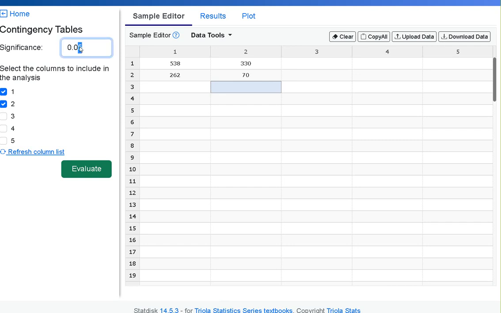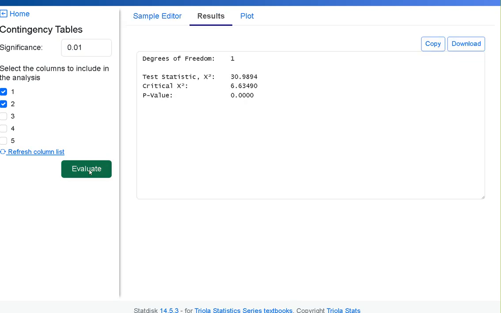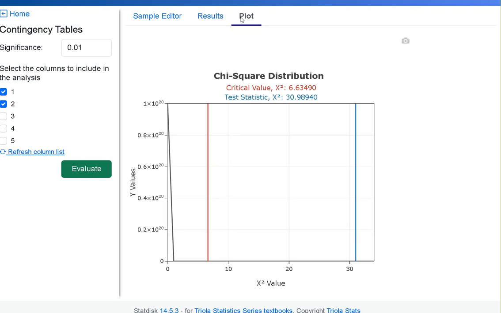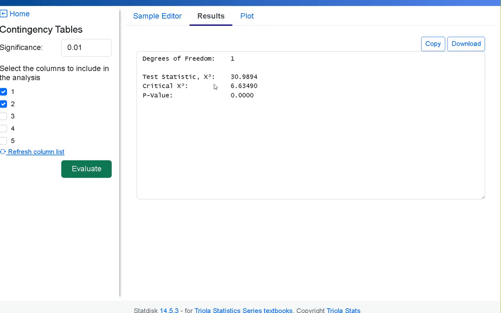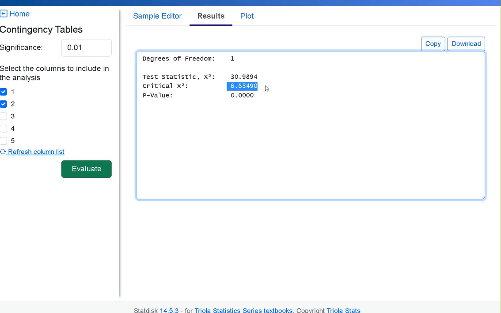We'll change this to 0.01. That's not really going to make a difference in terms of your p-value. It's just going to make a difference in terms of the plot and your critical value. This is the point, past this point, that you would reject H naught. So if your test statistic is greater than this, then that means that you would reject.